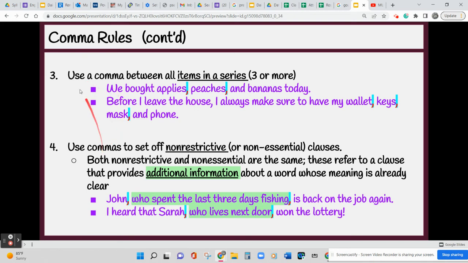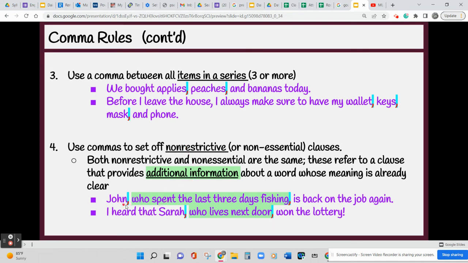Rule number 4 says we are going to use commas to set off non-restrictive or non-essential clauses. They kind of mean the same thing, referring to a group of words that are giving additional information about a word whose meaning is already clear. So that's what a non-restrictive or non-essential clause is.